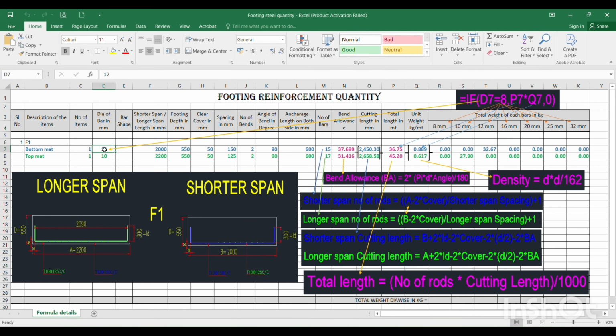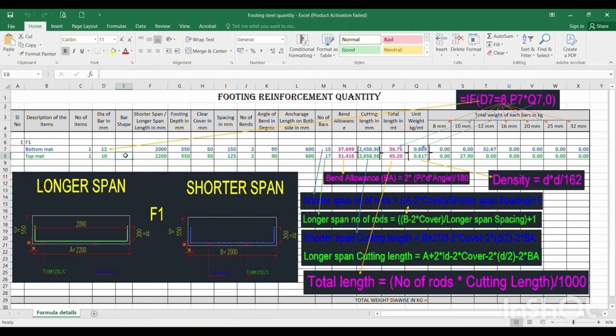Next, dia of the bar, bottom mat and top mat. Bottom mat means this is the shorter span rods, and top mat means longer span rod. Similarly, this is the bar shape. We need to enter the shape of the bar here, and here also the same shape of the bar has to be entered.